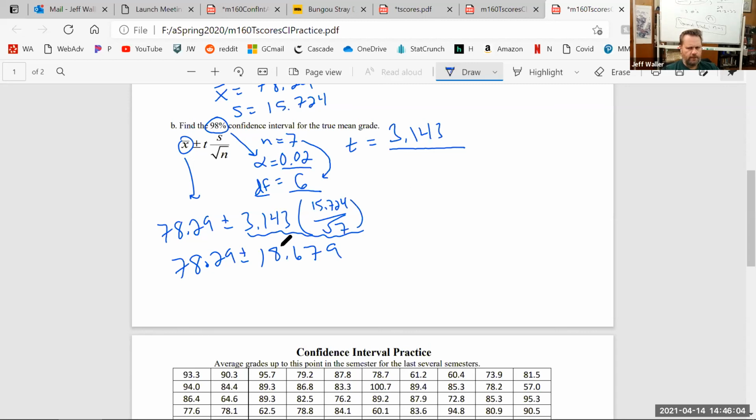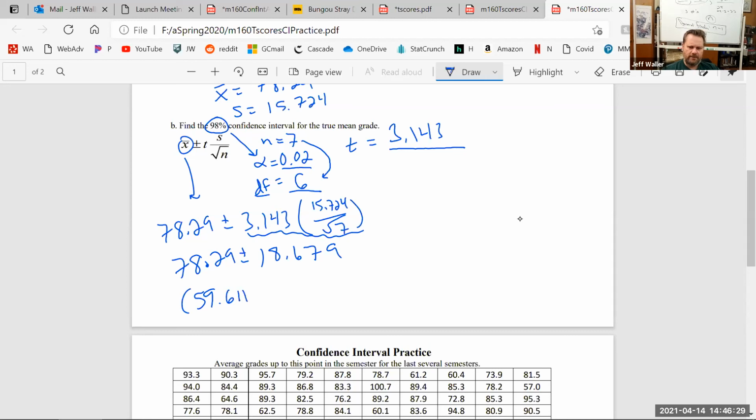Are you guys able to get that? Yes. Not that much going on here, right? It's just this times this divided by this. And now you subtract from this and you add to this, right? So you're going to do this in your head, Jeff? Sure, why not? 59.611.